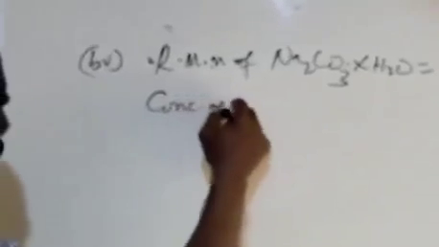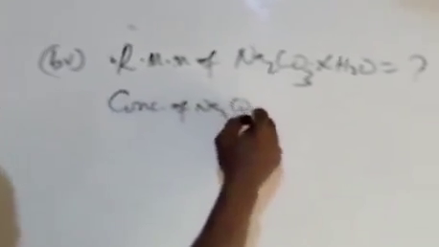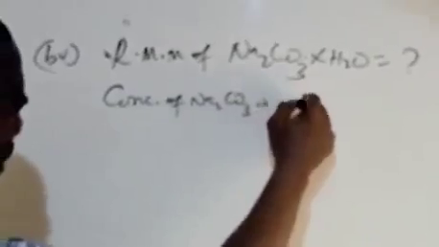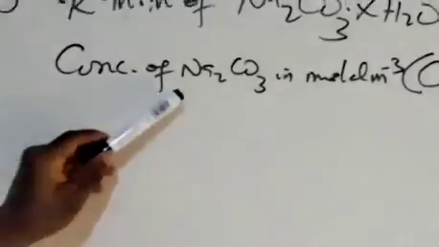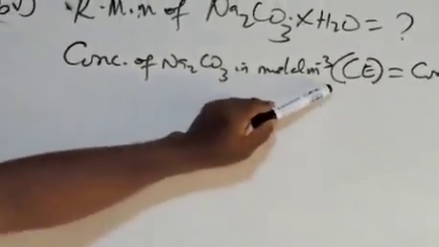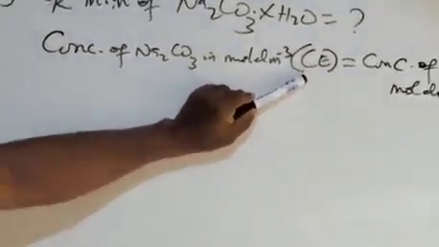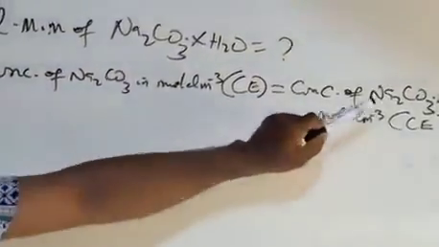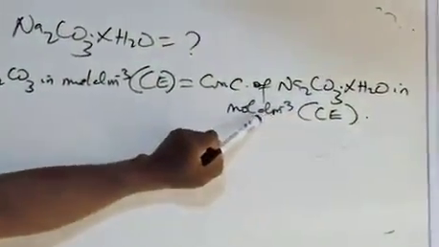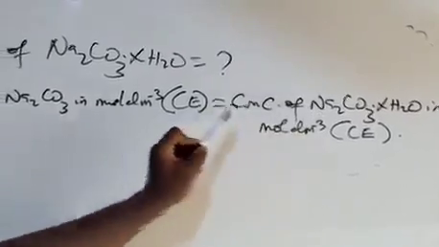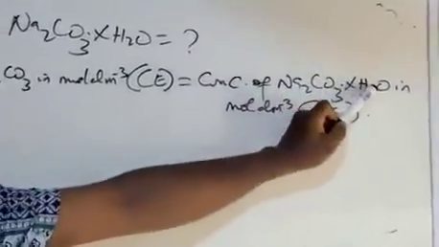You should know that the concentration of the anhydrous Na2CO3 in mole per dm cube, which is our CE, the concentration of the anhydrous sodium carbonate, is the same as the concentration of the hydrated salt in mole per dm cube. They only differ in their mass concentration because of the amount of water added to this one.